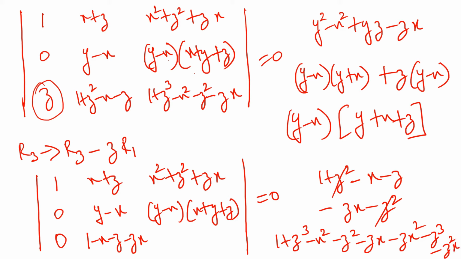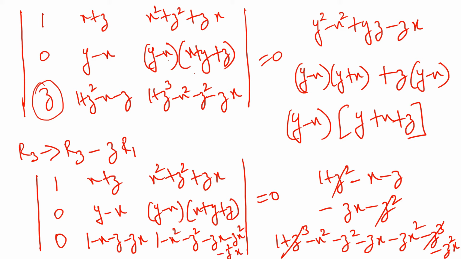What I'm doing? I'm multiplying the elements of the first row with z and subtracting them from the elements of the third row. So now this value comes out to be 1 minus x square minus z square, then minus zx, then minus zx square, and finally minus z square x.